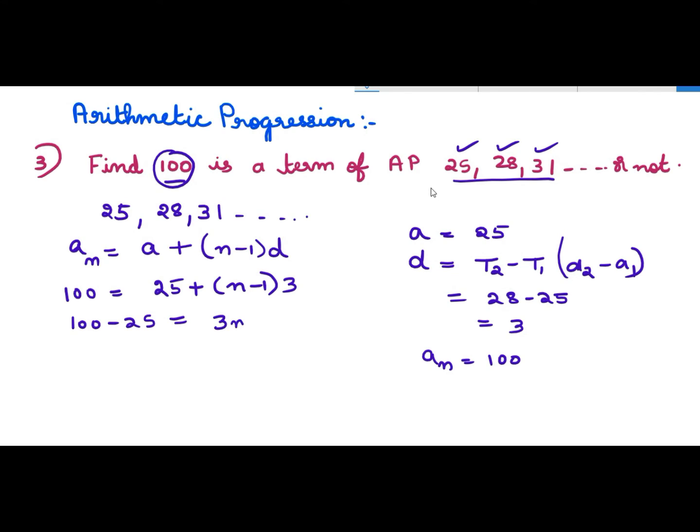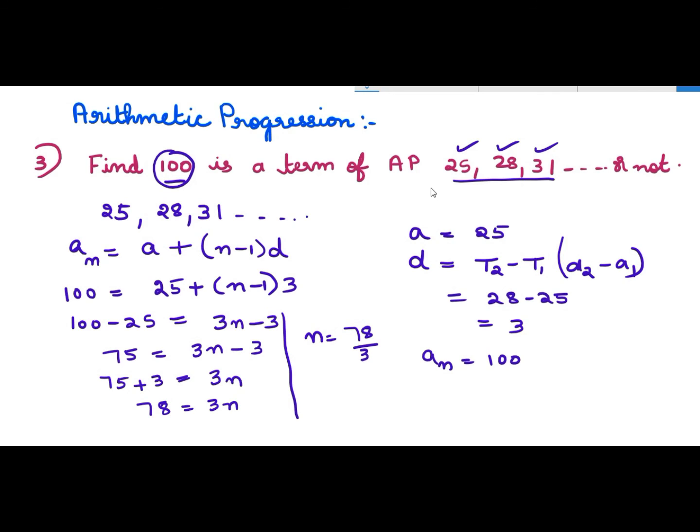Open the bracket: 3n minus 3. So 75 equal to 3n minus 3, or 75 plus 3 equal to 3n, 78 equal to 3n, and the value of n equals 78 divided by 3. So n equals 26.